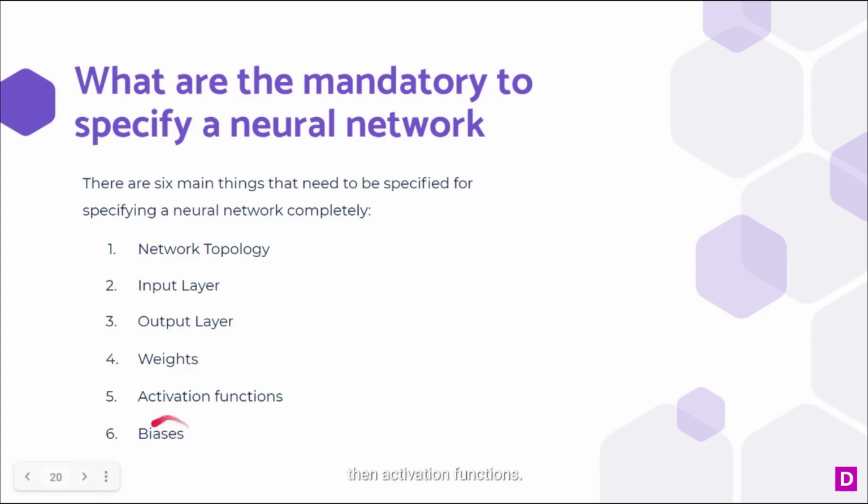Then activation functions. The activation function is the equation present in the output layer. It is generally the mathematical expression in the output layer which decides whether to sum or multiply.